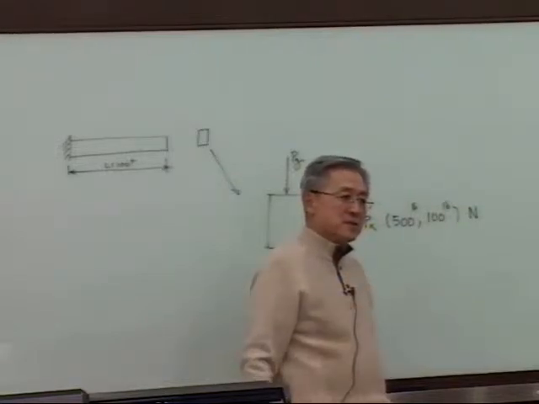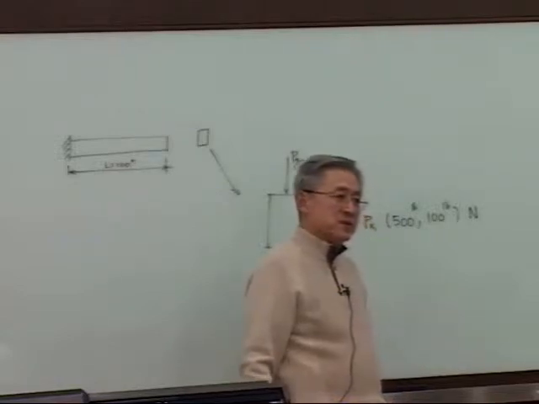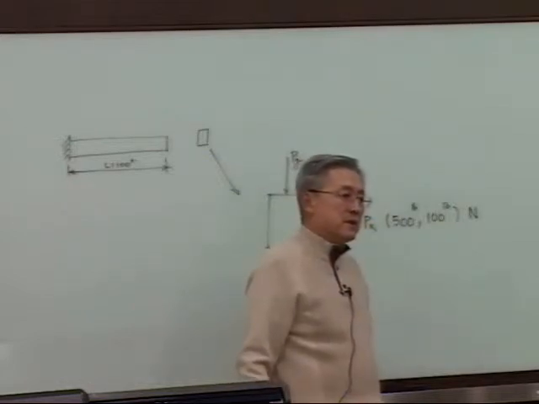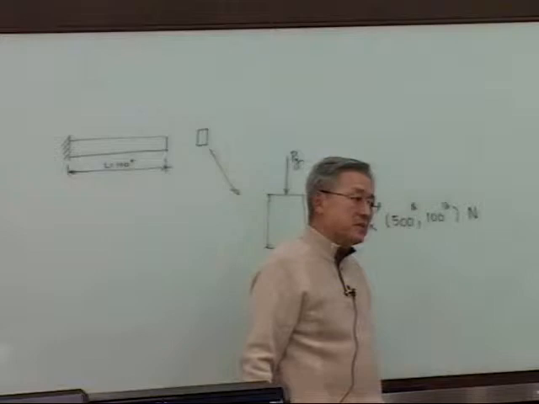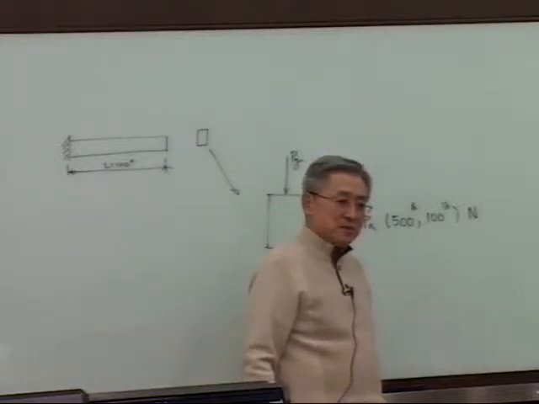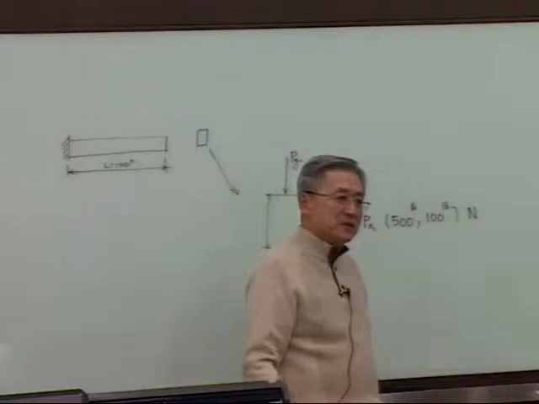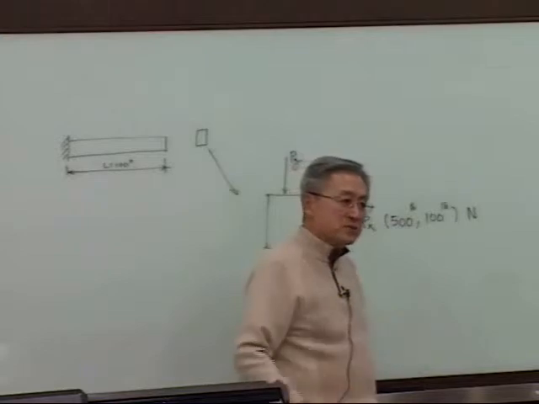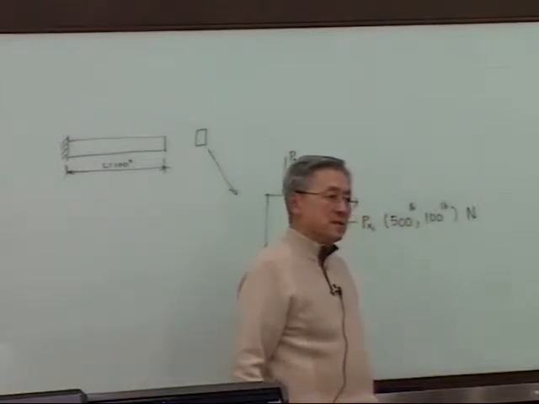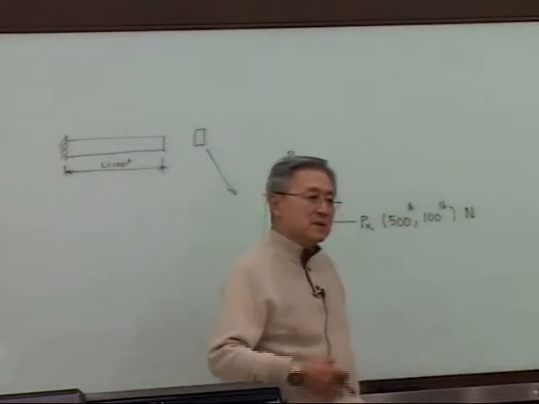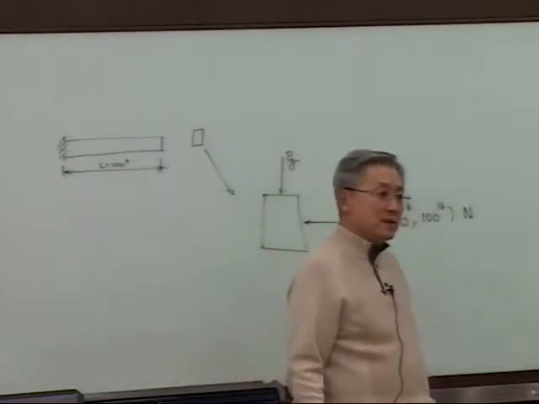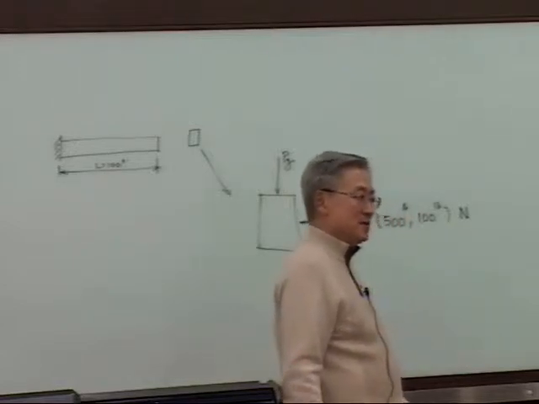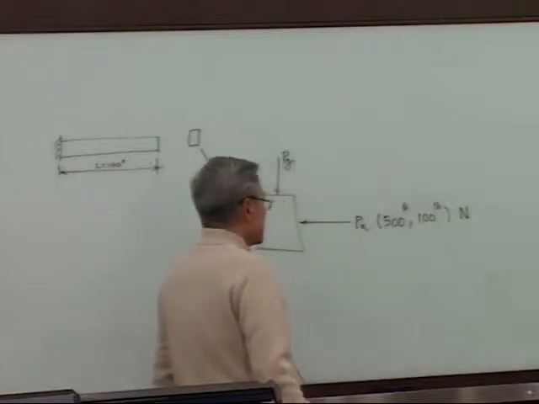Otherwise, a couple of techniques I'm going to introduce next week are mean value FORM, and the Monte Carlo method is another approach. But if you could iterate 100 times to get the answer using the normal distribution case, with Monte Carlo you might have to try out something like 1,000,000 times. But you're not going to do it by hand, of course. Using the computer, then you can solve that.